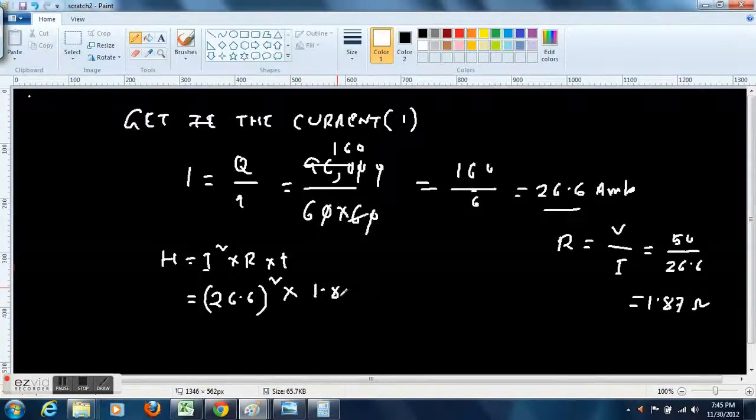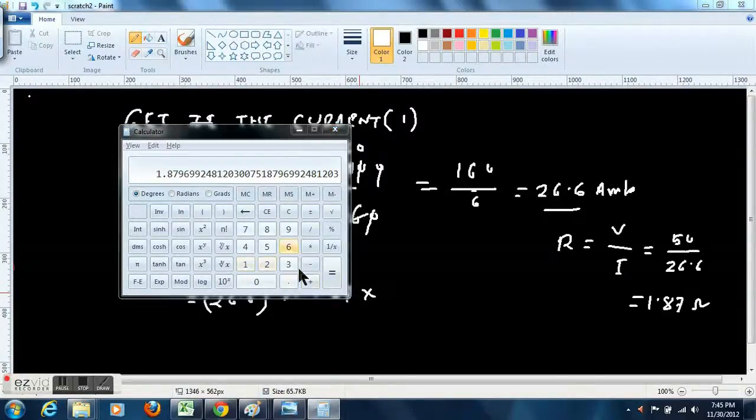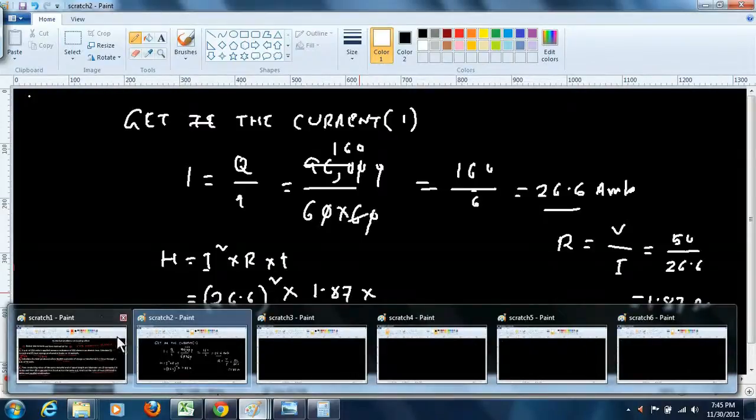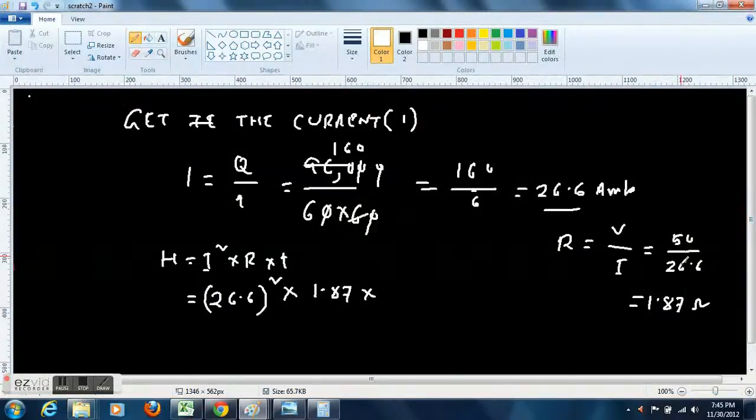ohms. So multiplied by 1.87, and time is 1 hour, that is 1 hour means 60 into 60 seconds.